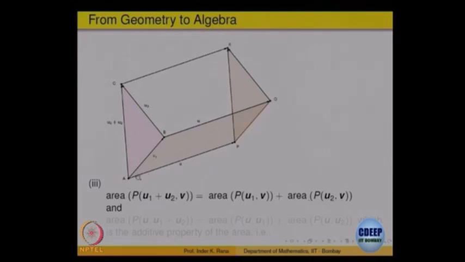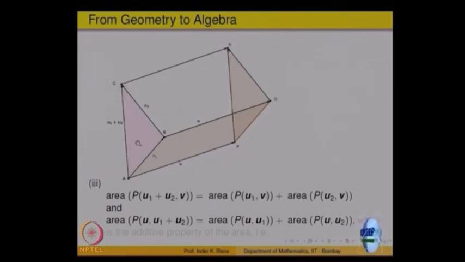That is quite easy to see. If AB is u1 and BC is u2, then the vector sum is A to C, which is u1 plus u2, and this is v. So, what is the parallelogram? That is A, P, R and C. So, that is the parallelogram.